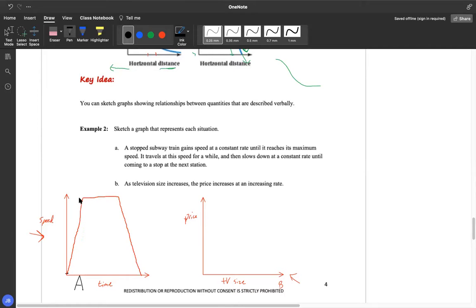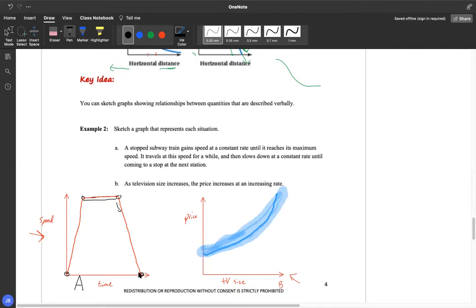And then at the top, it just stays at the maximum speed for a while, but then it constantly slows down until it doesn't move anymore. Perfect. So right here at 0, 0, it has no speed and no time. Julia did a good job. It has a constant speed, hits its max and then goes at its max speed until it hits a certain time and then drops down, then gets to the next station and stops again.